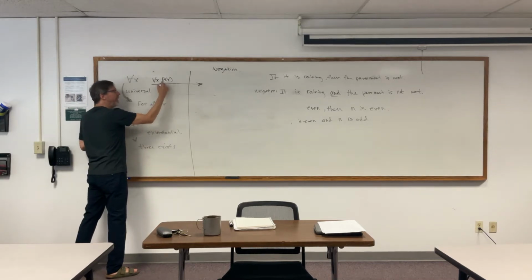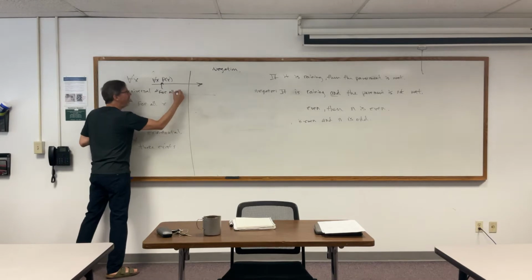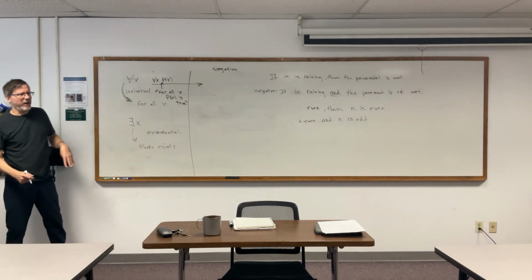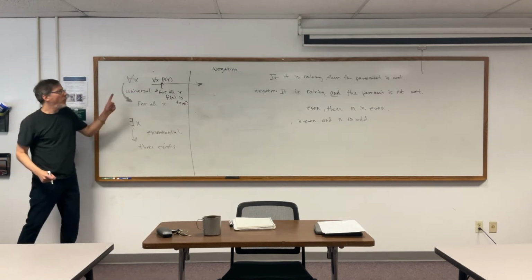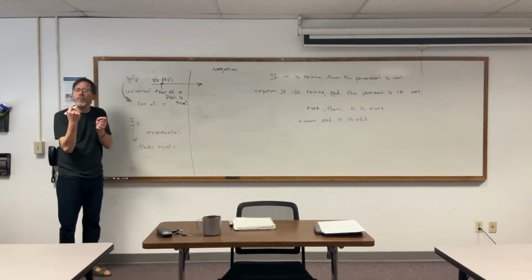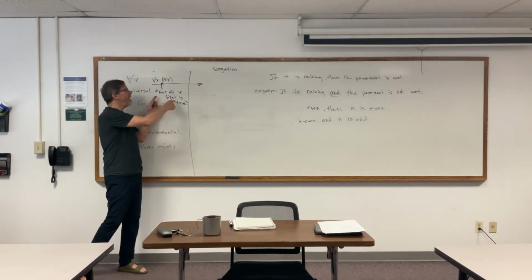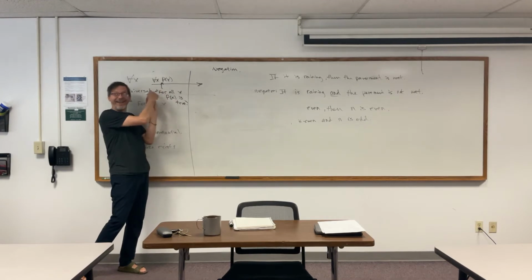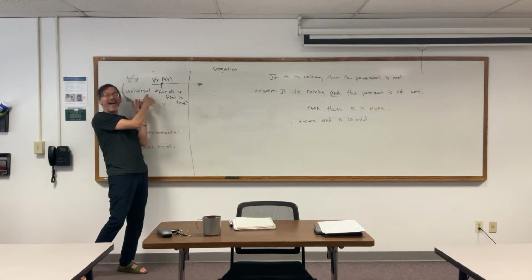So when I read this statement, I would read this as for all or for every x, p of x is true. That's the way we're going to encounter it. What is the opposite of that? Can you even think it through? What would it mean to say this is a lie? How would you prove it was a lie?